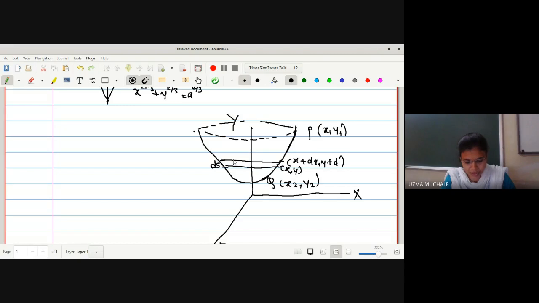Okay, if the distance of a point A from the y-axis is x, that means let us consider the point A. Where should point A be? Suppose we consider A is a point somewhere here. We consider the distance of point A from here.